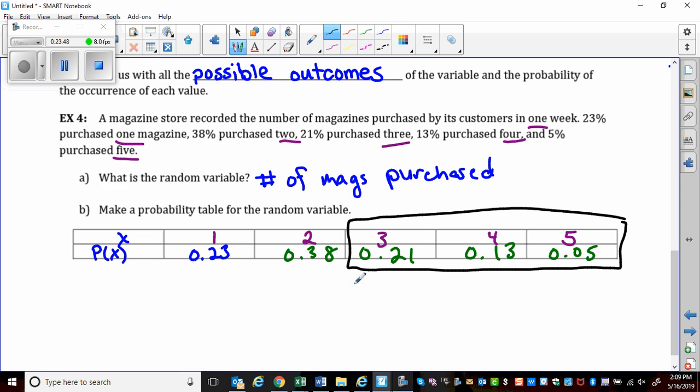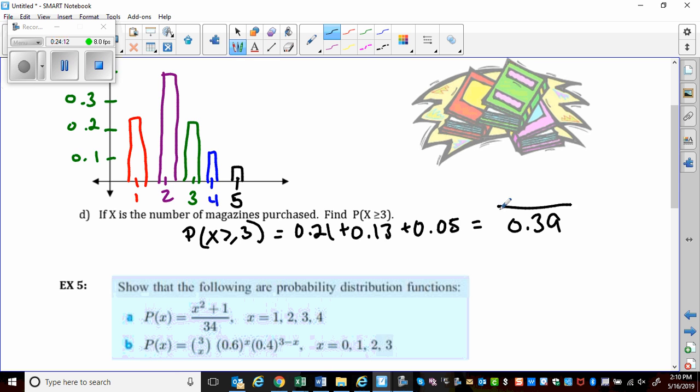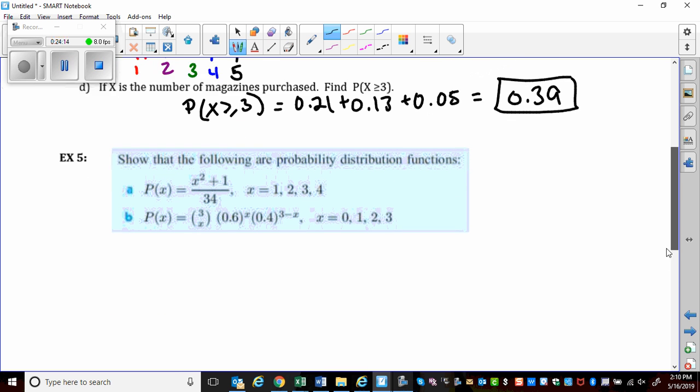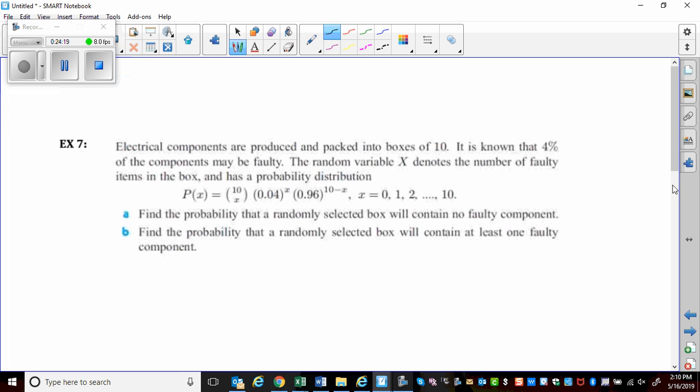So 0.21 plus 0.13 plus 0.05, which is, I think, 0.39. Check it out and see. You guys can just plug these numbers in to find this one. It's pretty easy.